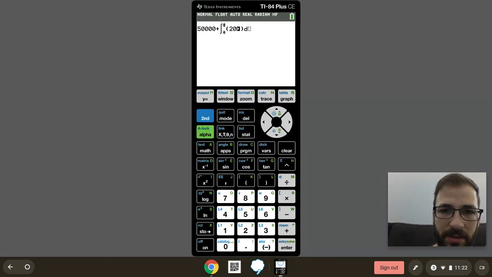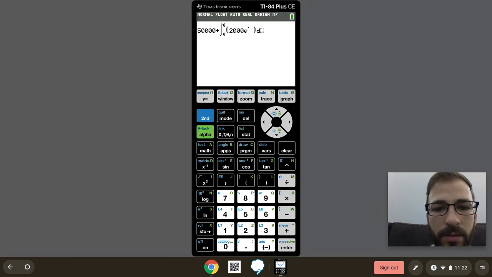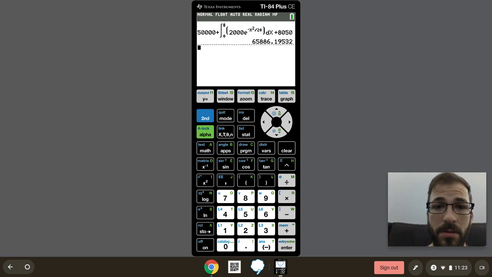So 2,000 e to, is it negative t squared? Yep, negative t squared over 20 dt. And then I want to subtract 8,050, that estimate we found in part B.